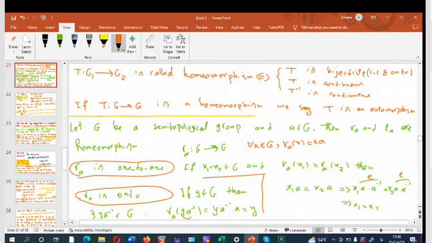So we have this property: this T, this function, is one-to-one and onto, is bijective. Now we must prove that T is continuous, and the inverse of T is continuous too.